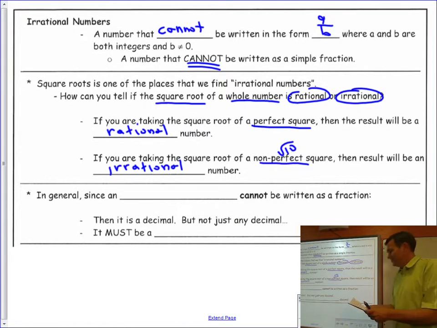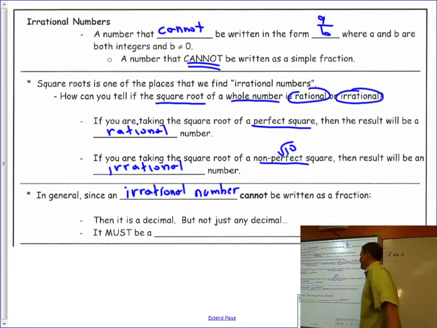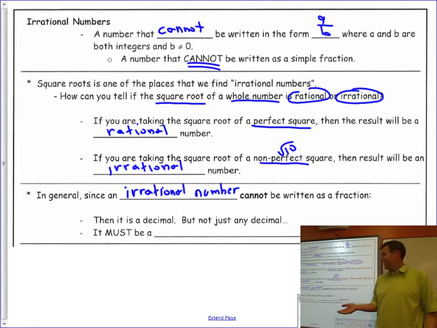In general, since an irrational number cannot be written as a fraction, then it's going to be a decimal. If it can't be written as a fraction, it's going to have to stay a decimal.